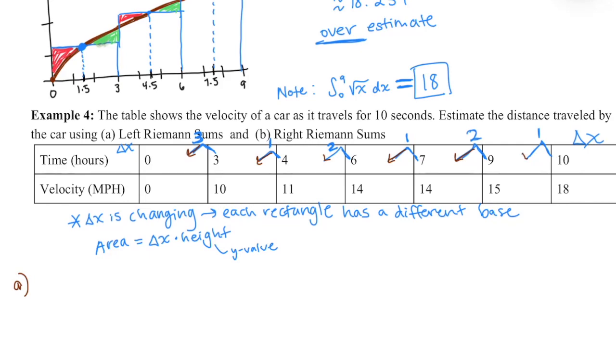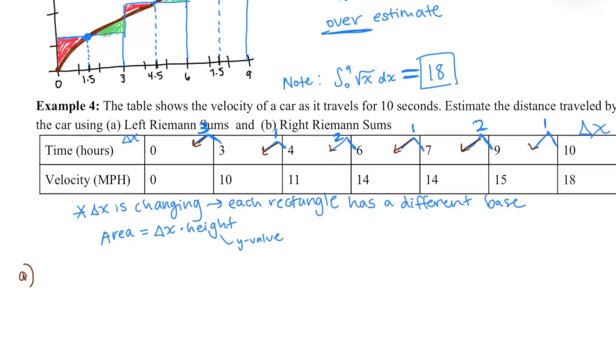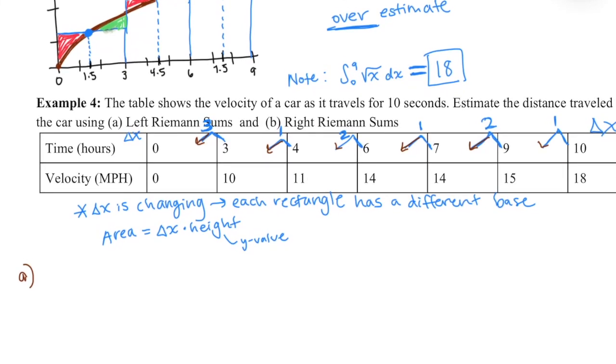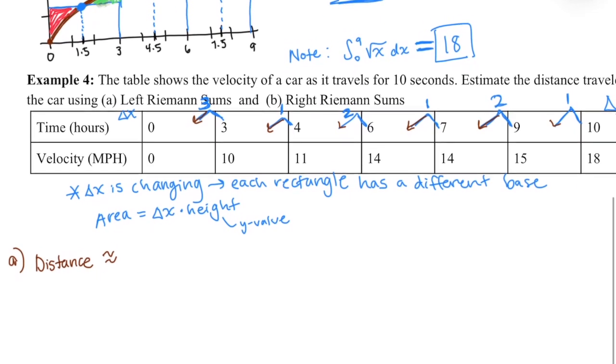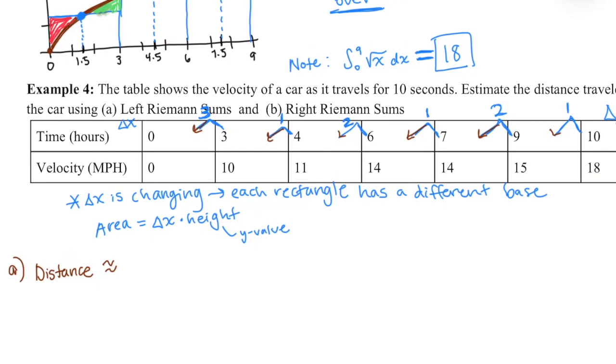That's indicating what is the y value that we're going to use. The left number that my arrow is pointing to is going to be the y value we use. So I can estimate the distance is approximately the area of each of the rectangles that we would make out of this.